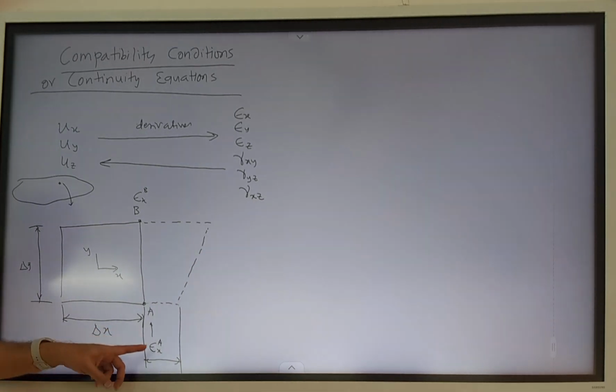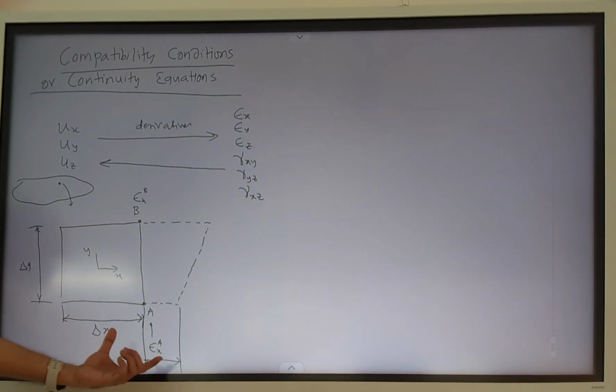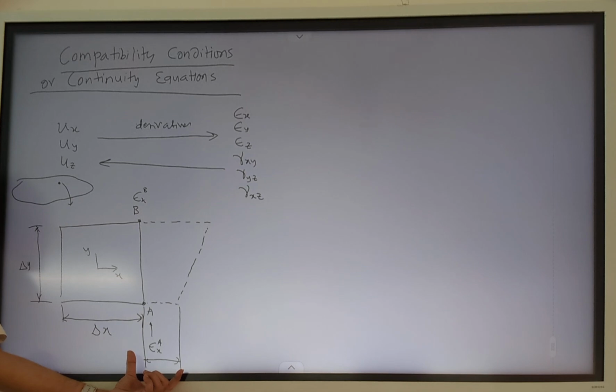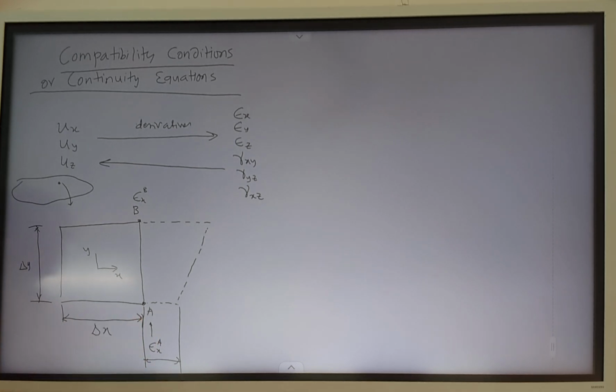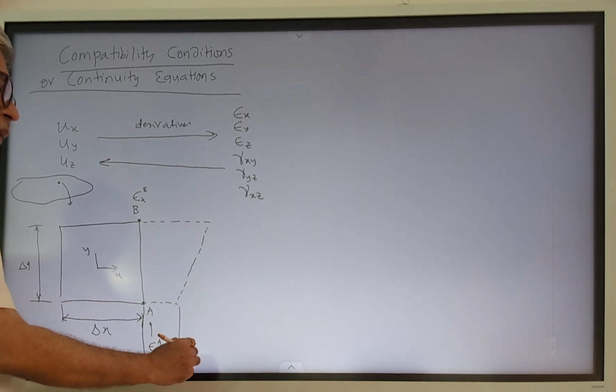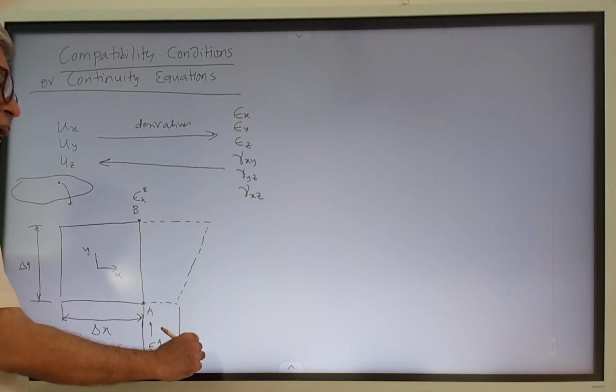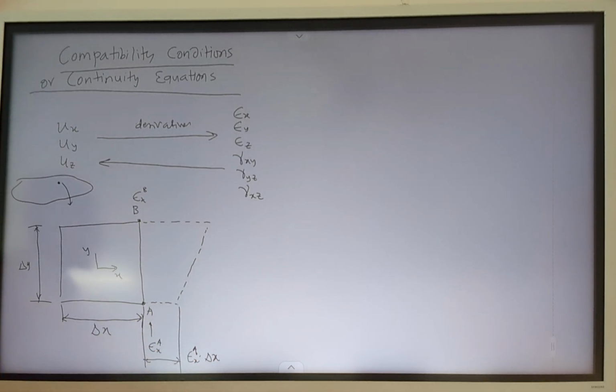If the strain at point A is epsilon xA, how much would be this elongation? What is the basic definition of strain? The strain multiplied by original length of that component. So it would be epsilon xA multiplied by delta x.